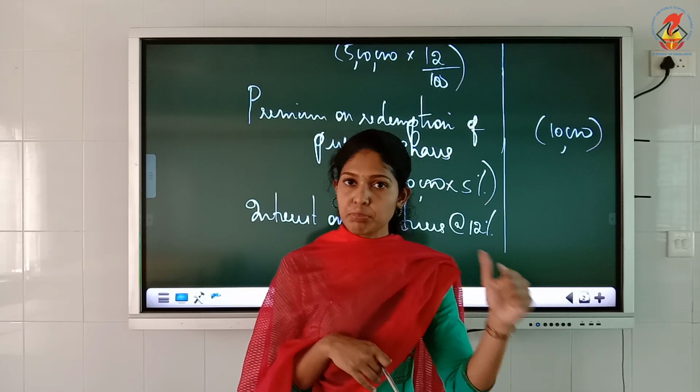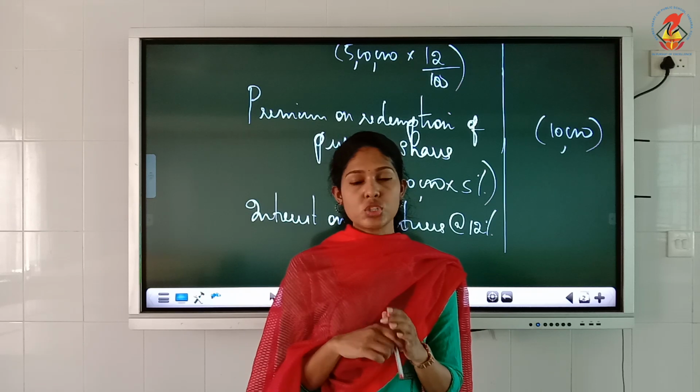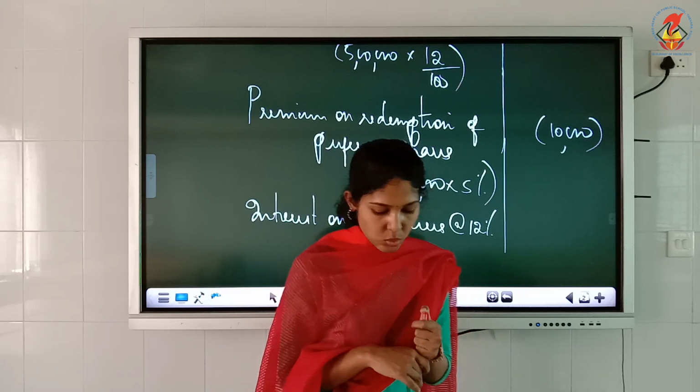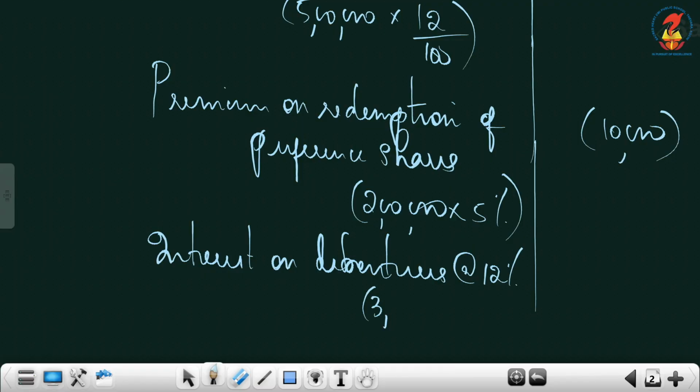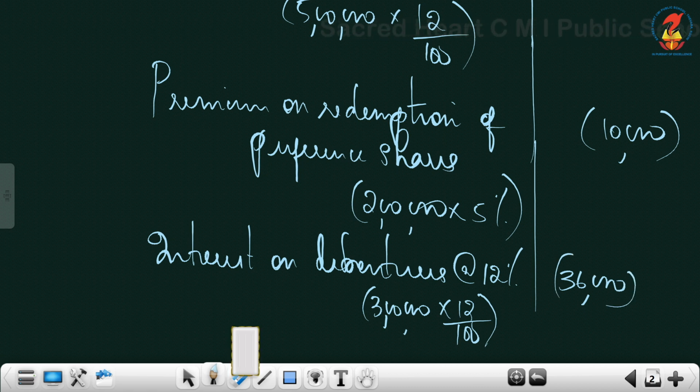So we need to compute the rate of interest on the opening figure. So that is 3 lakhs. 3 lakhs into 12%, which is 36,000. You can write that also within brackets, because it is interest to be paid, it is cash outflow.